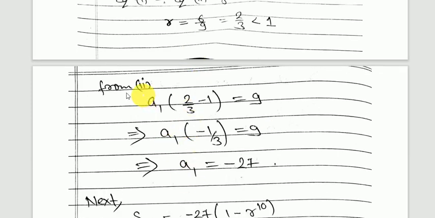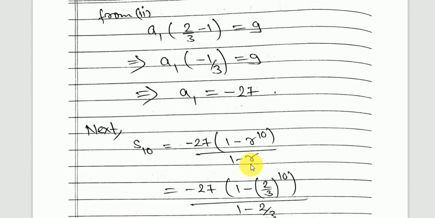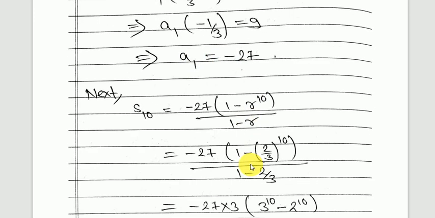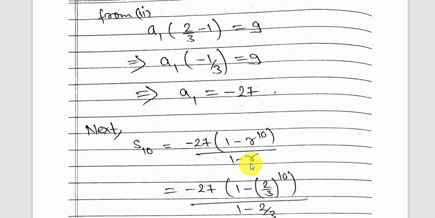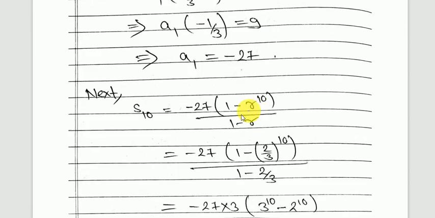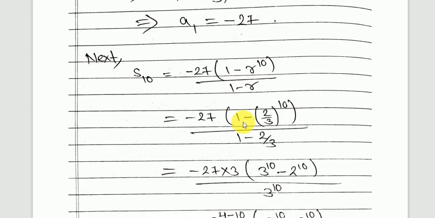We put this R in equation 2 and I get the value of A1, that is minus 27. Clear? Now I can find the sum of the first 10 terms, because I know A1, and I know R is less than 1, so I have to use this formula. Substitute the values and you'll get the answer.